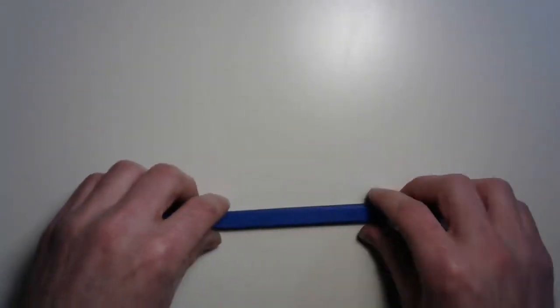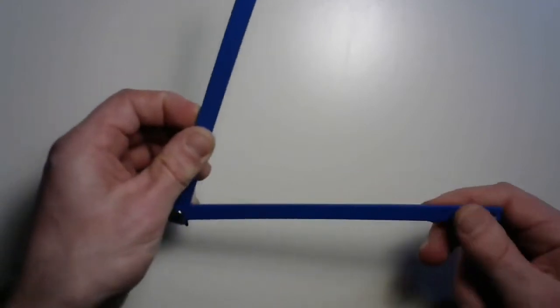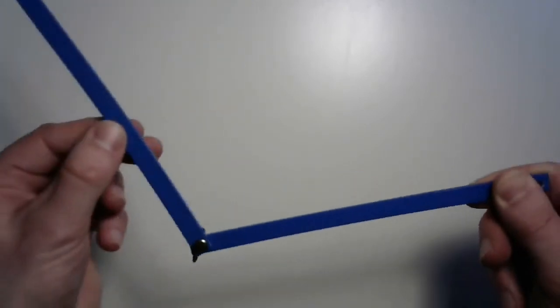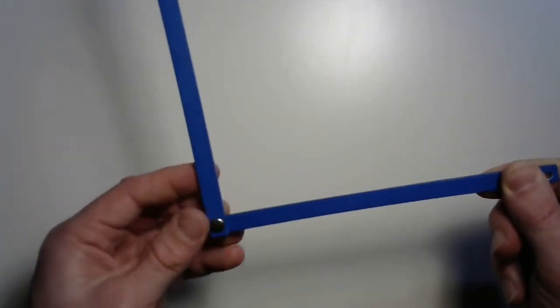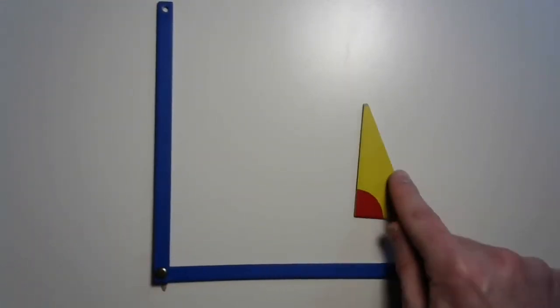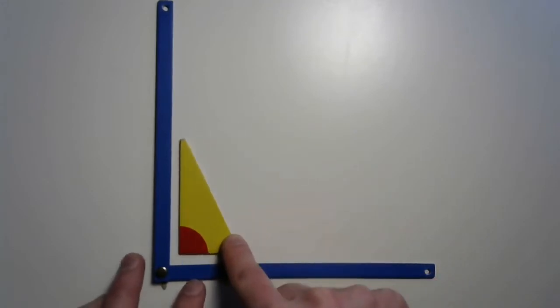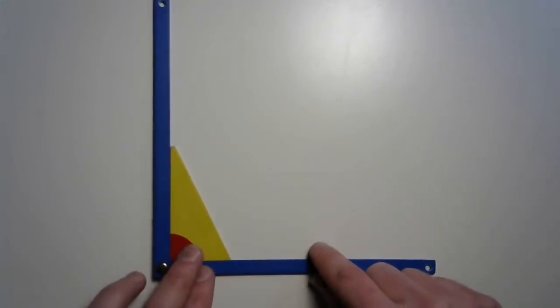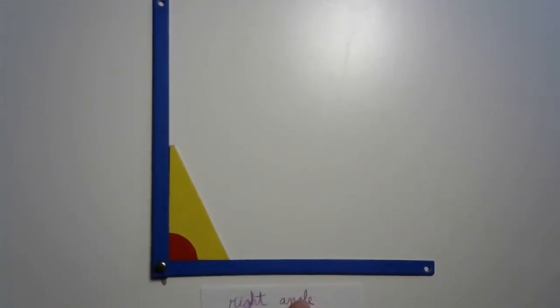It's why I brought these two sticks here, because when two lines intersect, they create an angle. It's true. And we've got different types of angles. Remember this right here, the magic triangle? That's right, we use it to measure right angles. So there's a fantastic right angle right there.